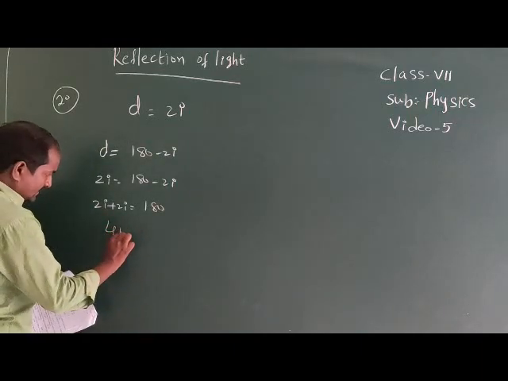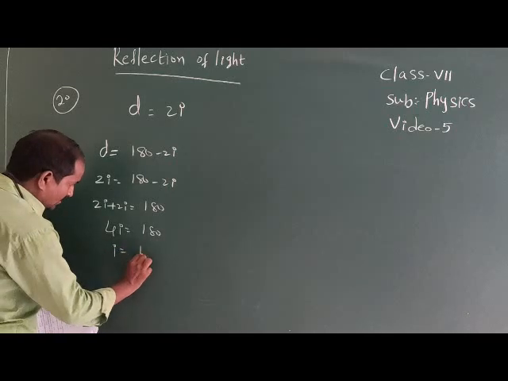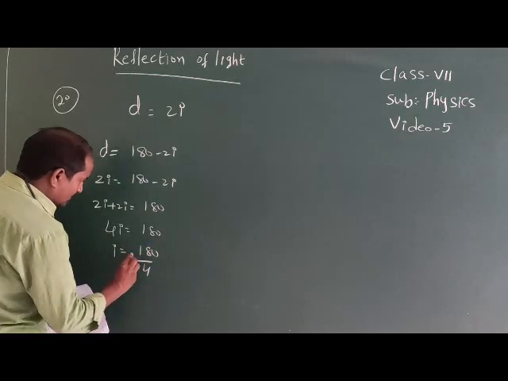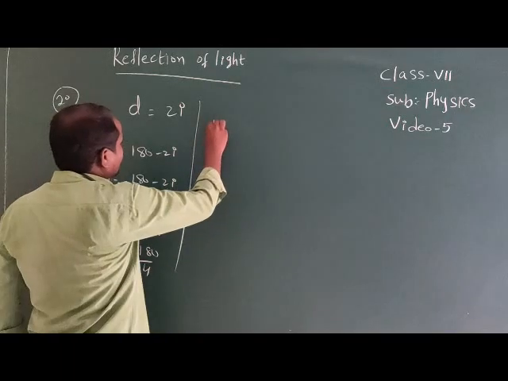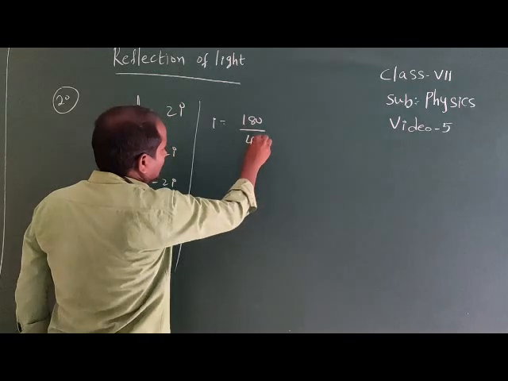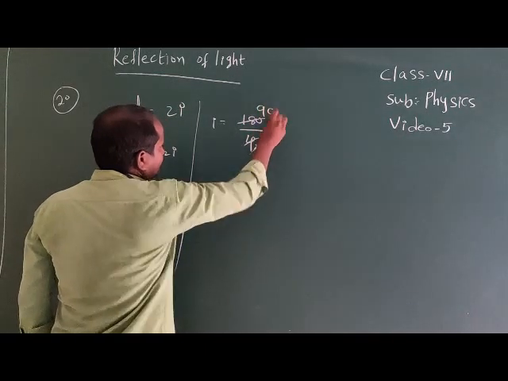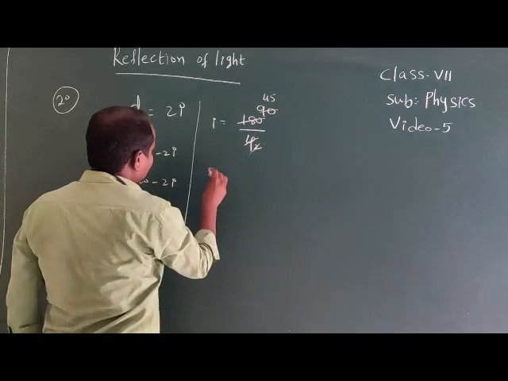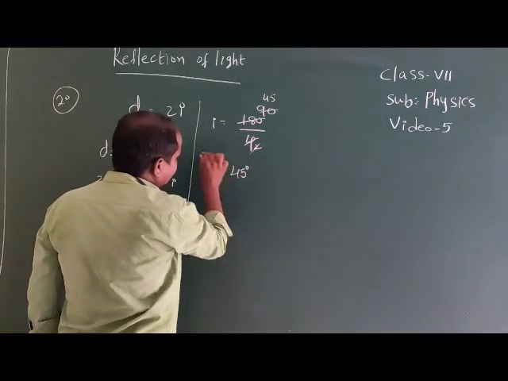Here 4i equals 180 degrees. Therefore i equals 180 by 4, that is 45. So the angle of incidence is equal to 45 degrees.